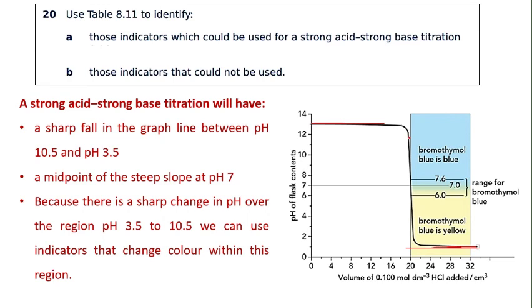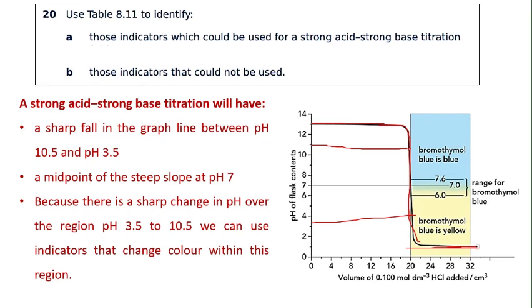And you have to see where they give you a sharp, straight line, a sharp fall. This line is going to fall and meet the other line. So we have to see which region is giving the sharp fall. In between 10.5 and 3.5, it is giving us a very straight, sharp line.